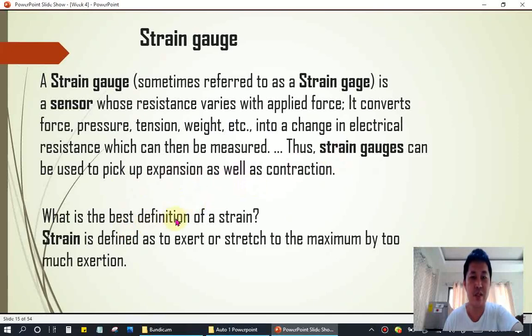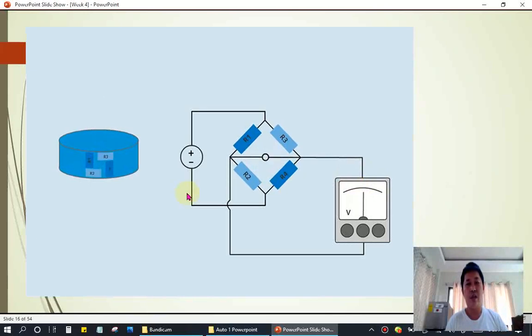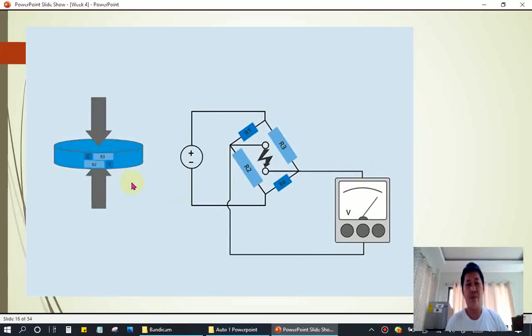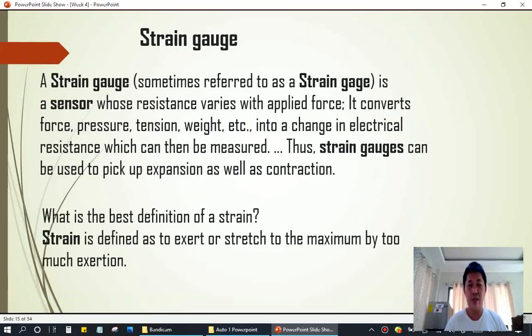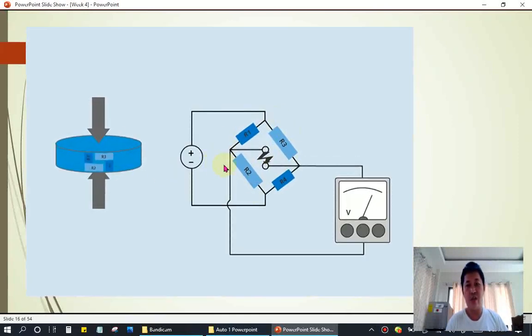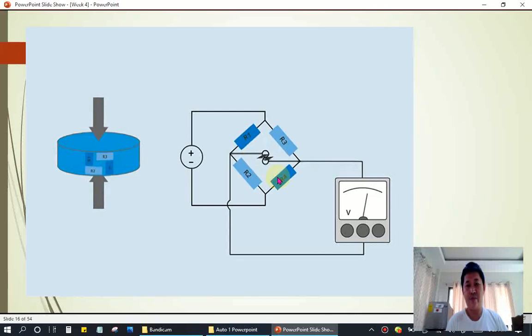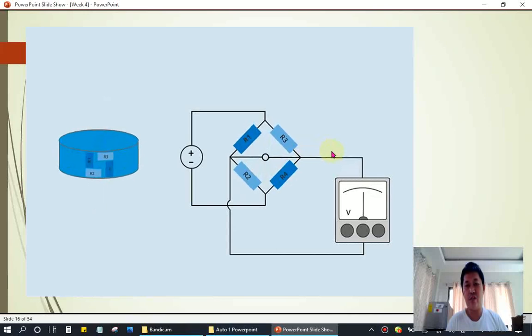What is the best definition of strain? Strain is defined as to exert or stretch to the maximum by too much exertion. We will see an example. As you can see, the material here contracts, or the expansion is made. It also changes the resistance, and the resistance signal is converted into volts.